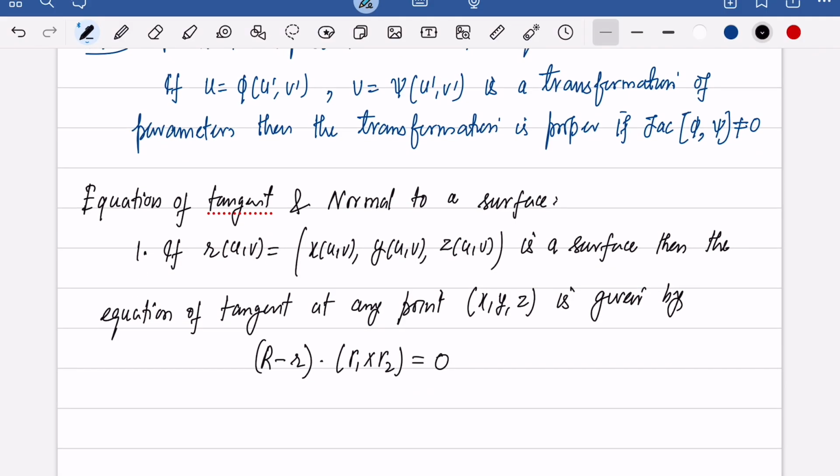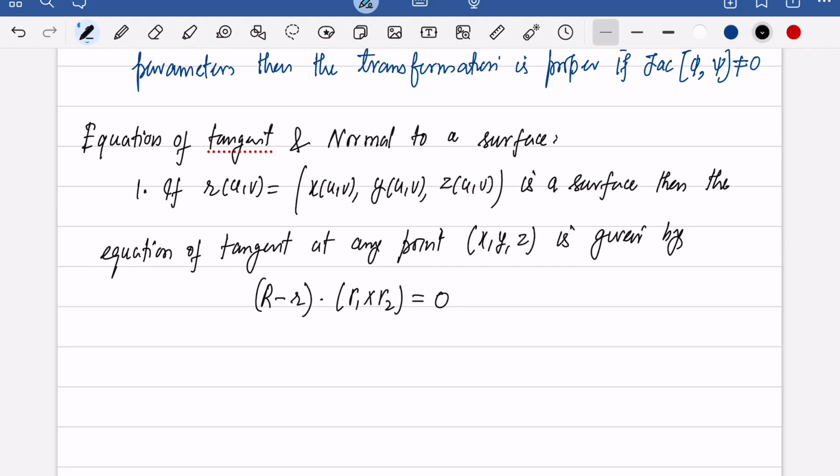We can easily understand this since the vectors r1 and r2 are both tangents to the surface at a particular point, and r1 cross r2 is a vector which is perpendicular to both r1 and r2. So the dot product of r minus r with a vector perpendicular to both the tangents gives us the equation at any point x, y, z.